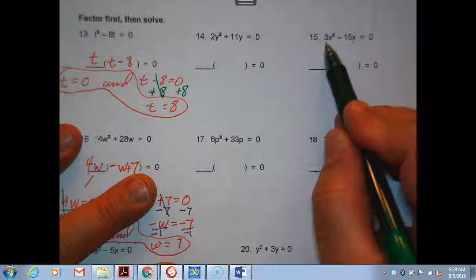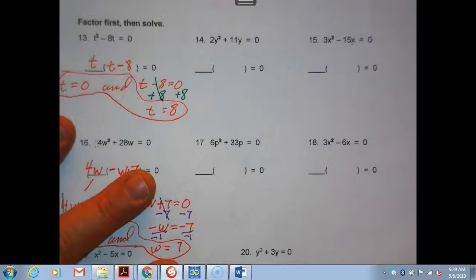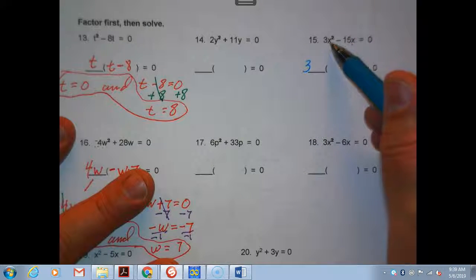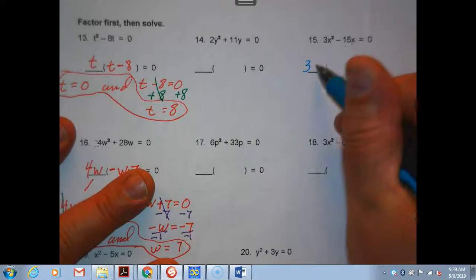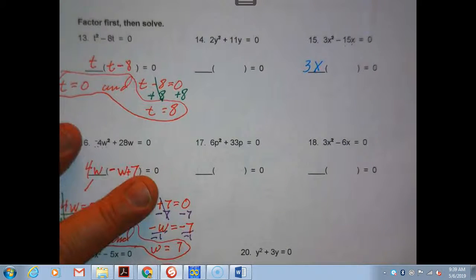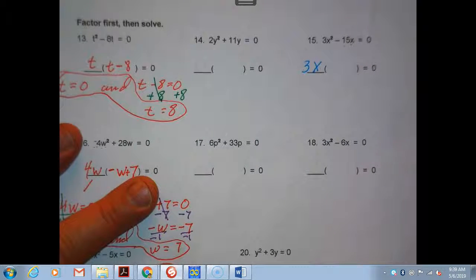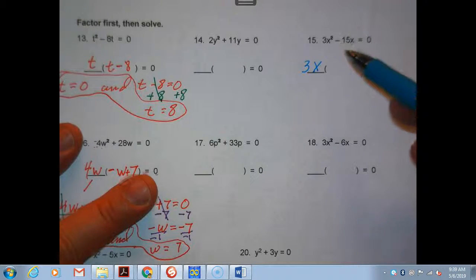Well, let's look at the numbers. What could I take out of 3 and 15? 3. And how about the x? 2 x's there, 1 there. I can take out 1 from both at the same time. Now, I'm undistributing here, so I need to divide instead of multiply.